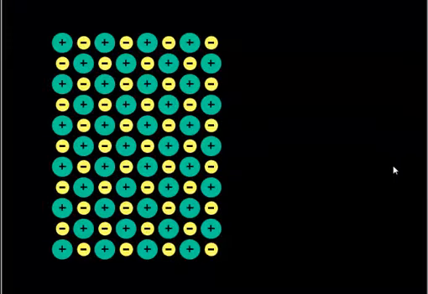So this is a two-dimensional representation of the lattice structure. We just projected it onto this piece of black paper.